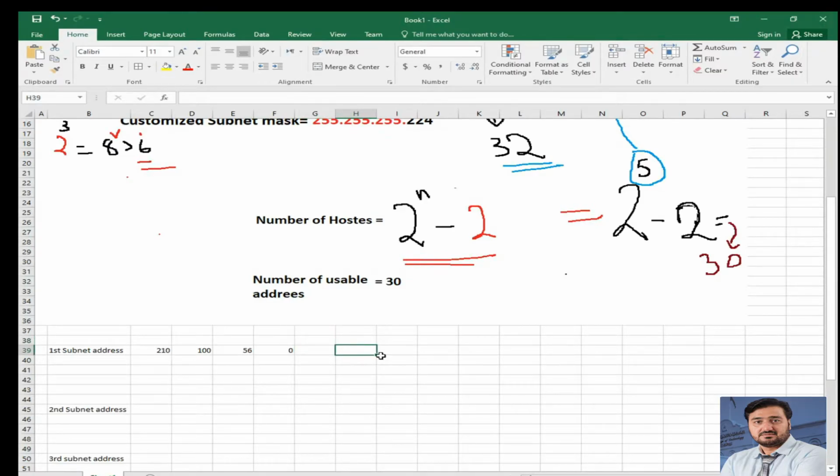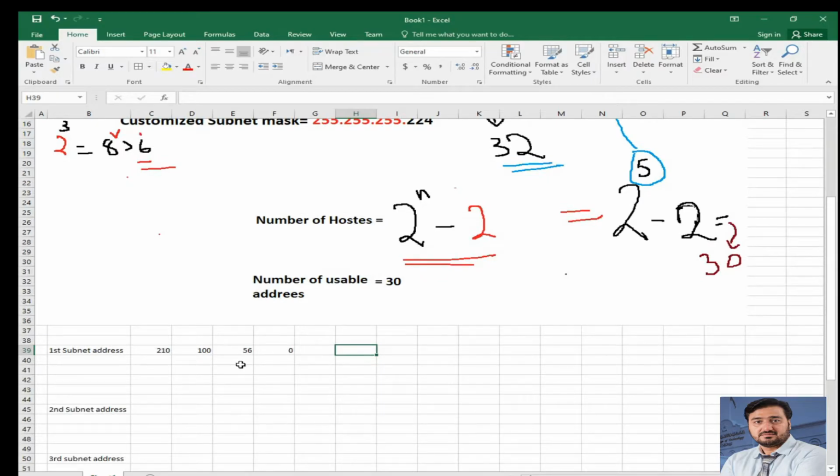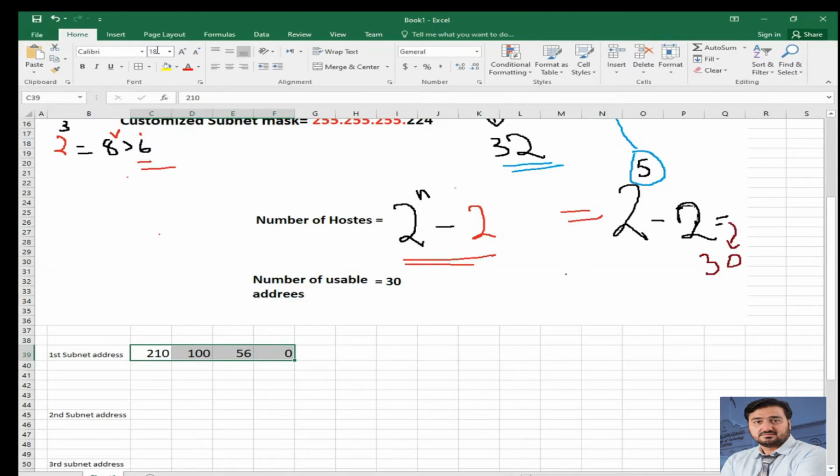And our subnet mask. What will be the subnet mask here? Yes, please tell me. 255.255.255.224.